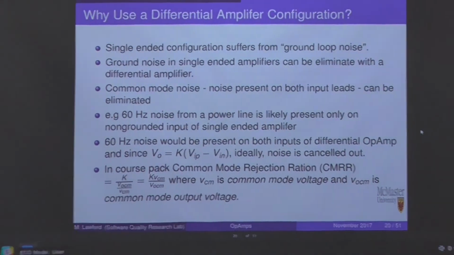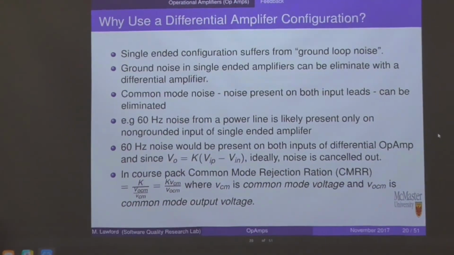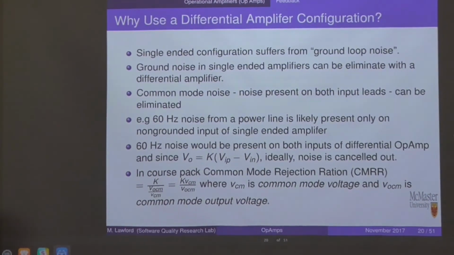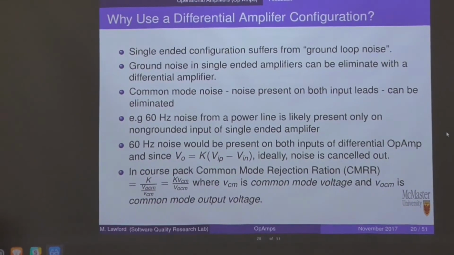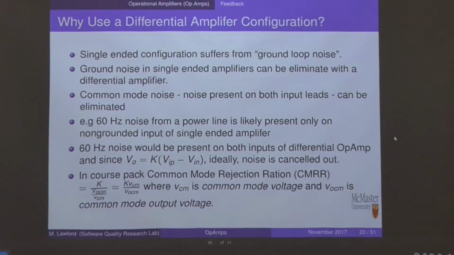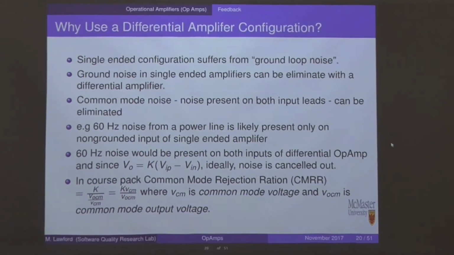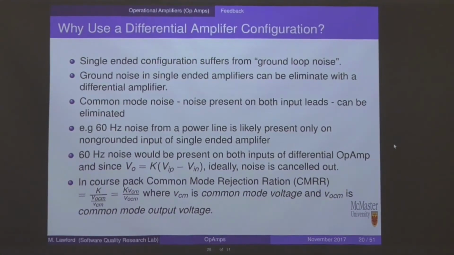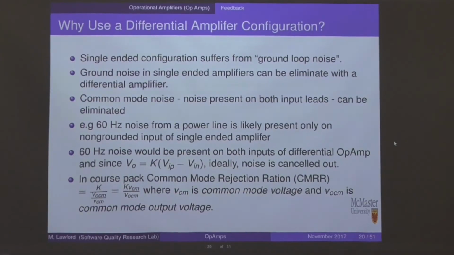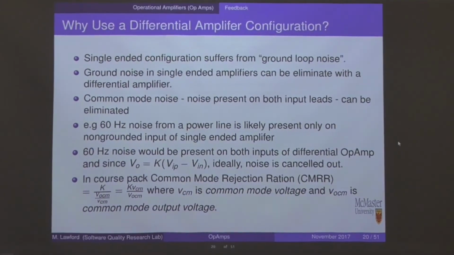Why on earth would we use differential amplifier configuration? Aside from the fact that, if you've been paying attention, you may recognize the term differential amplifier from our discussion of comparators, right? The core of each of the comparators that we were using inside of our analog to digital converters used a differential amplifier.